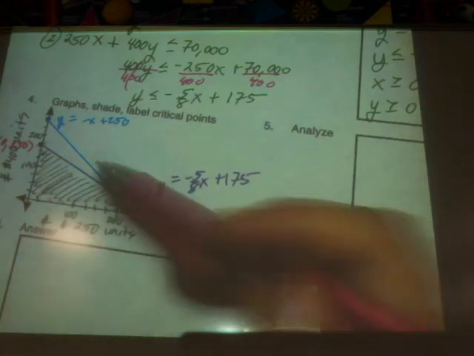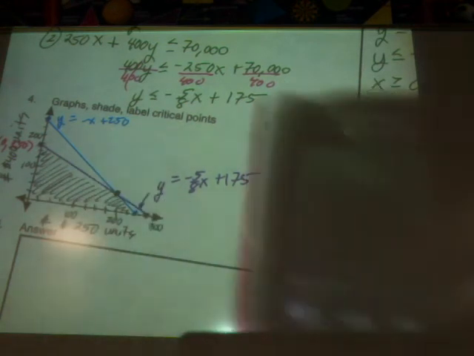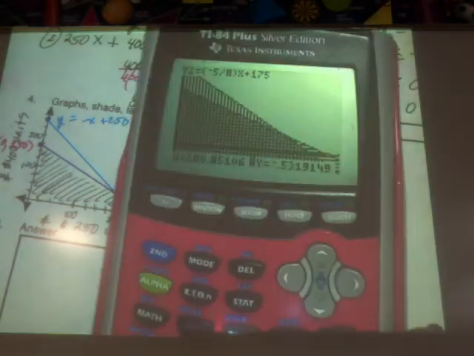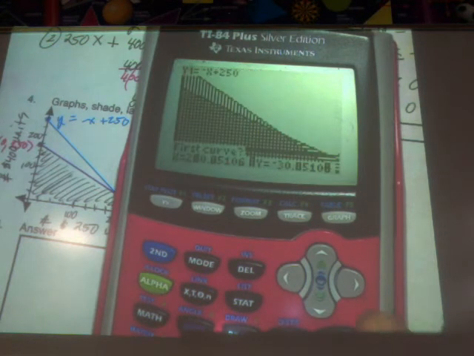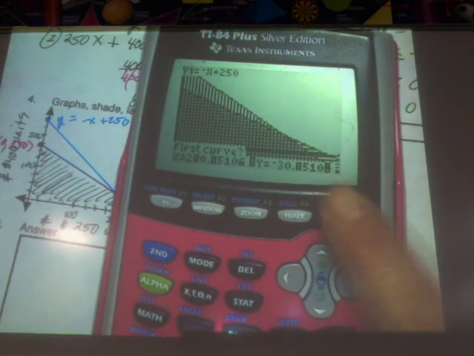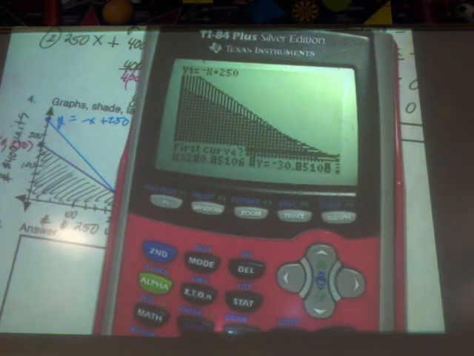Then this point here, I'm going to find the intersection between my purple and my blue line. So what I'm going to do is I'm going to hit intersect. Second count, intersect. And you can kind of see it flashing on, I saw it flashing there somewhere. Oh, there it is down there.